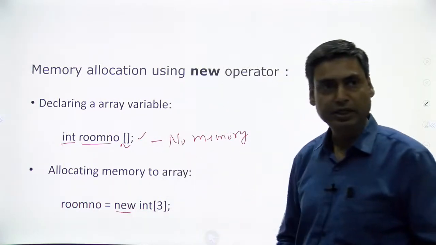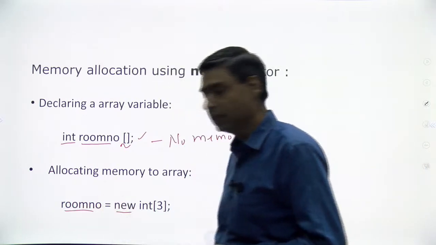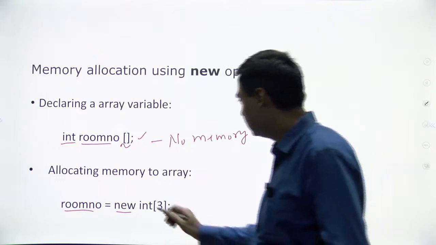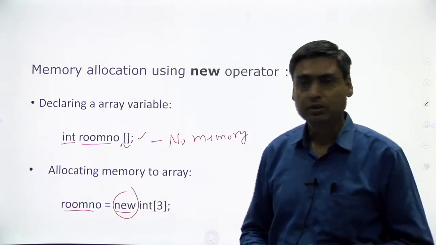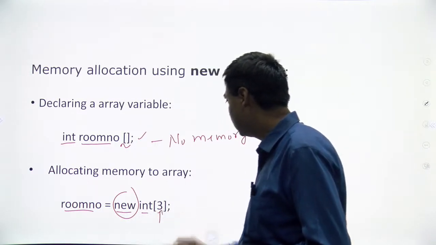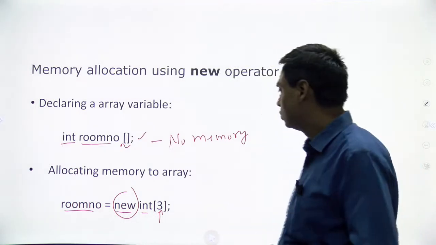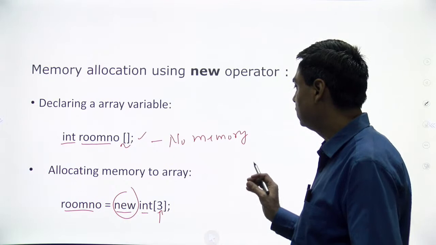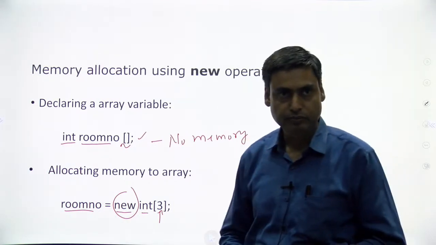After the declaration, you write the name of the variable, then the new operator, then the type, for example int, then the number of variables. The number of variables is 3. So a total of 3 locations will be stored in memory.